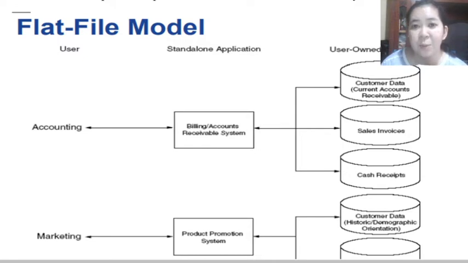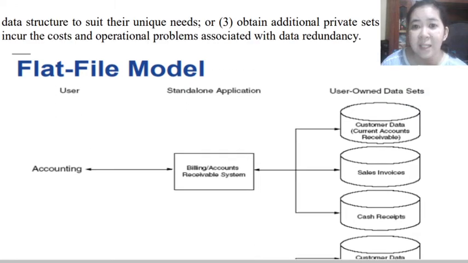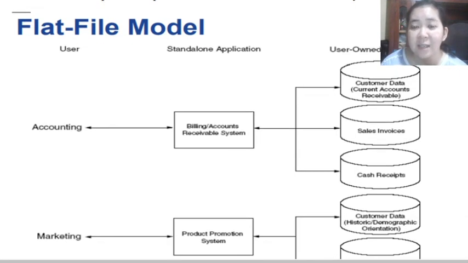What they need is the customer data file, which contains the current assets account, as well as the sales invoice and cash receipts. So these are the data sets that the accounting department needs in the billing or accounts receivable system.